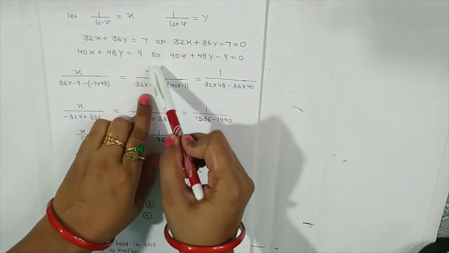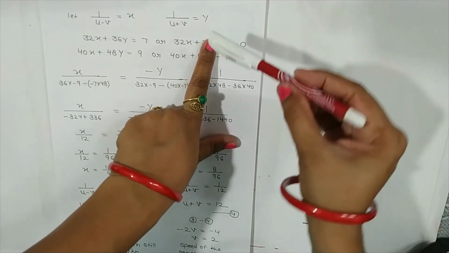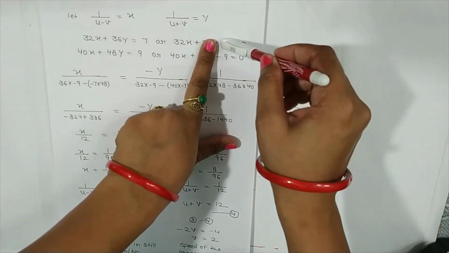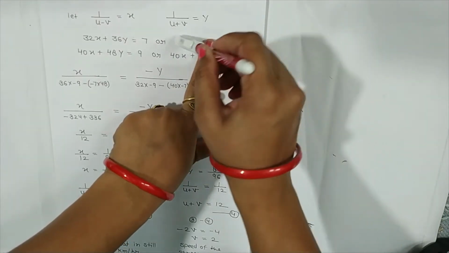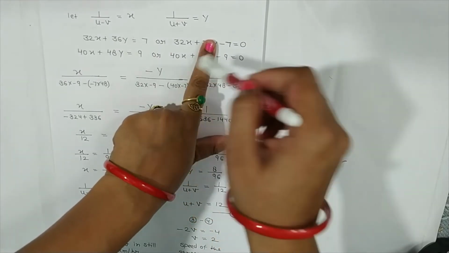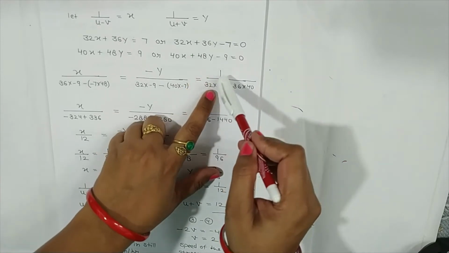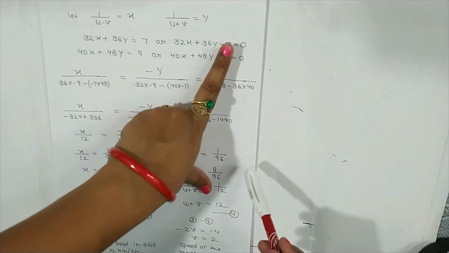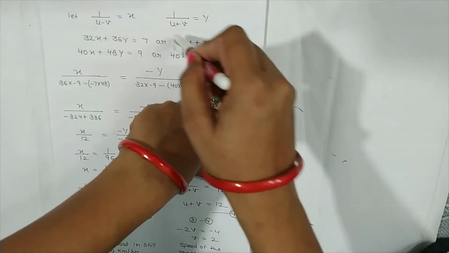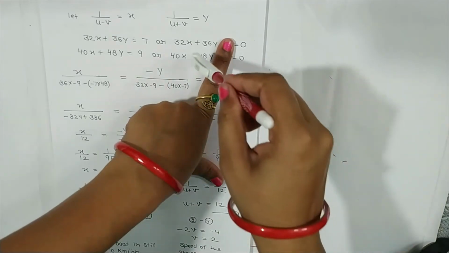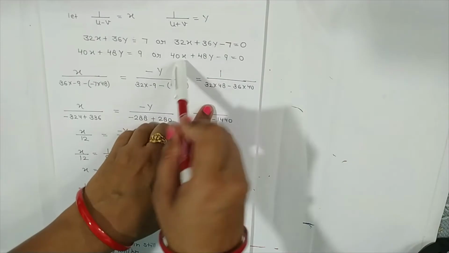Similarly, we write y with minus sign, hide the coefficient of y, so the coefficient of x and constants remain: minus 9 into 32, minus, in brackets, minus 7 into 40. Equal to 1 upon, hide the constant, so the coefficients of x and y remain: 48 into 32 minus 36 into 40.